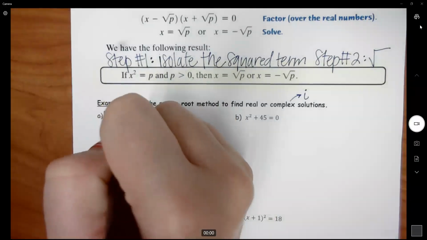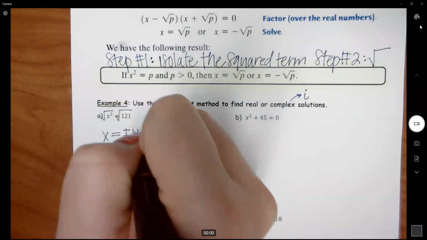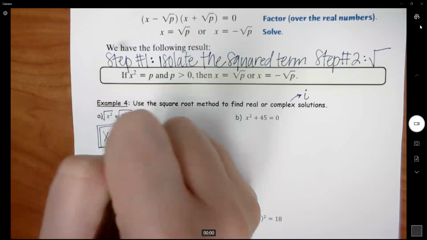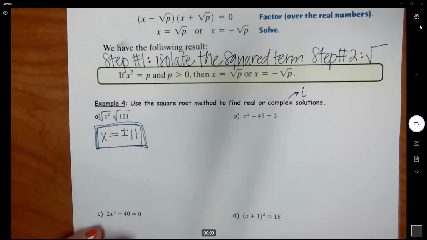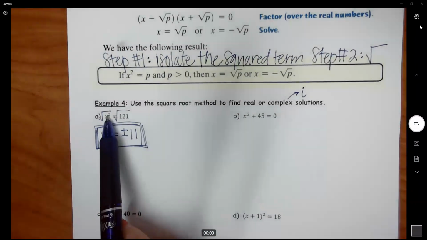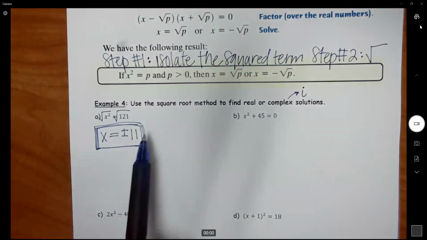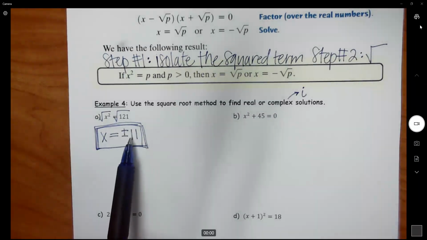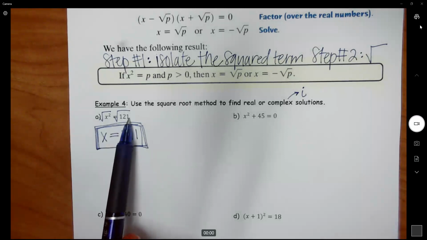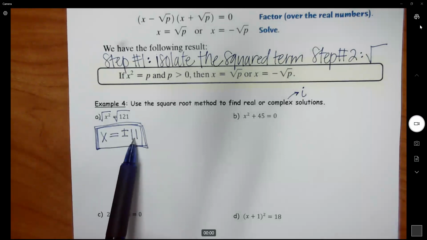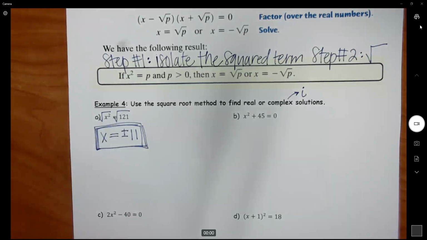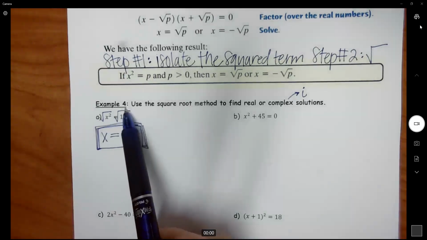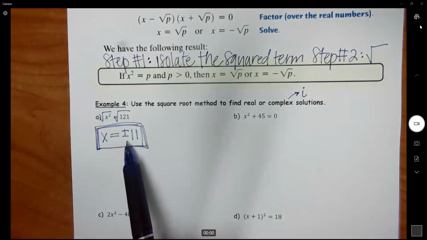So this isn't just 11, it's plus or minus 11. I know I get 2 answers because it's squared. 11 squared is a positive 121, but when you do negative 11 in parentheses squared, you also get 121. So when you take the square root, remember that what comes out isn't just the positive, it's also the negative.